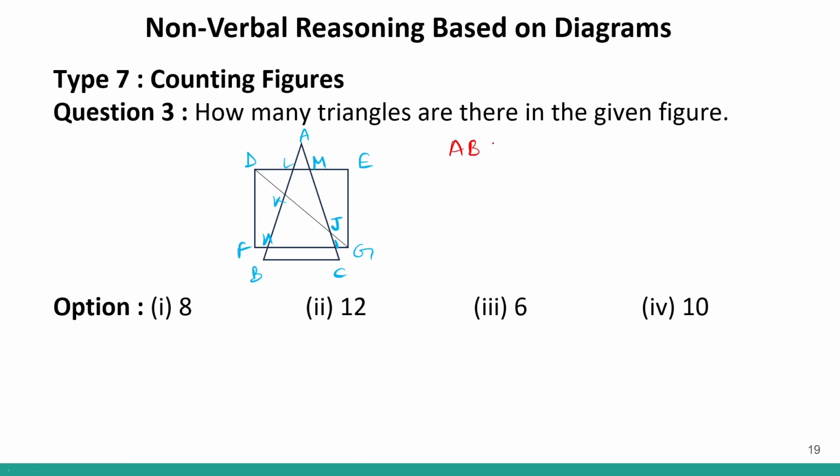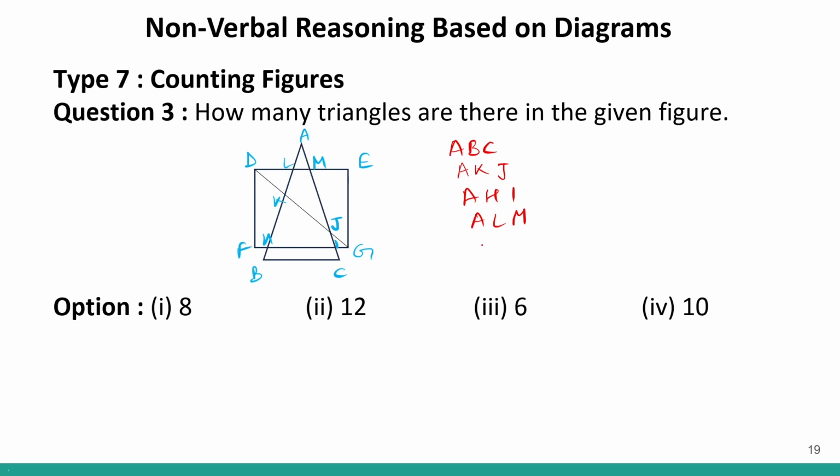So ABC will be the first one. Then within this I can see AKJ. This is also a triangle, right? So I can see AKJ. Similarly, I can see this is also a triangle, AHI. Then I can see ALM is also a triangle. So ALM. These are all the triangles I can see in ABC.